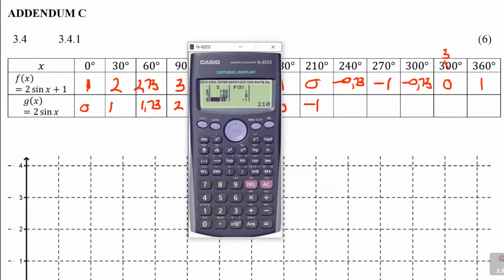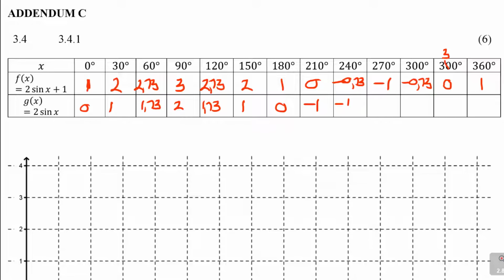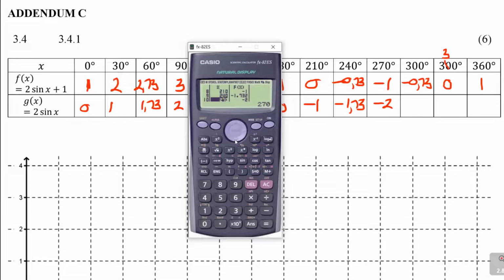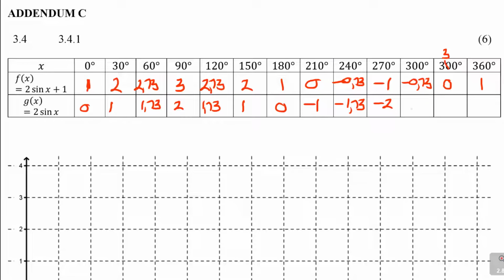Continue. 240 is negative 1,73, 270 is negative 2. Continue. 300 is negative 1,73, 330 is negative 1, and 360 is 0.